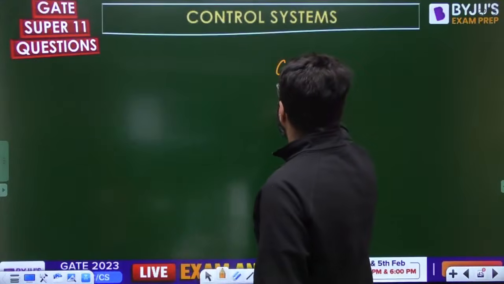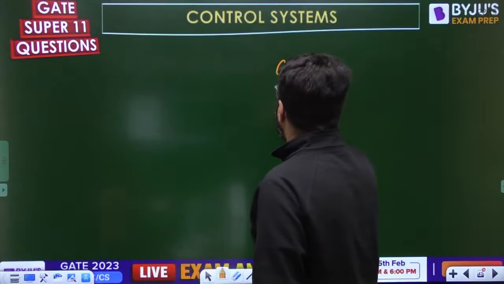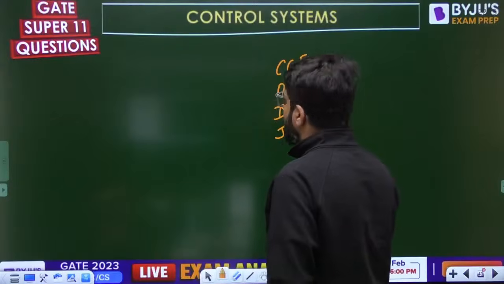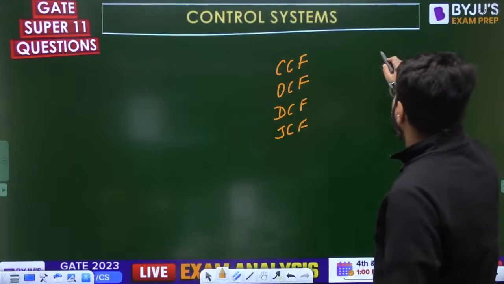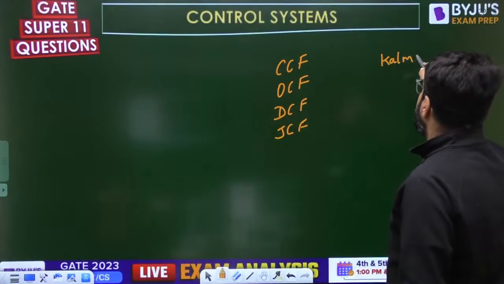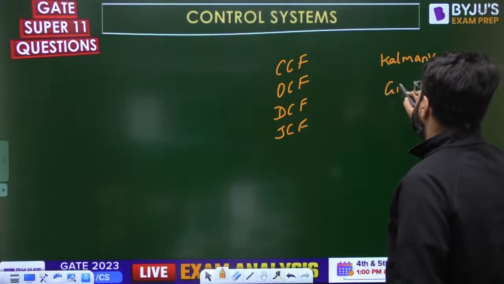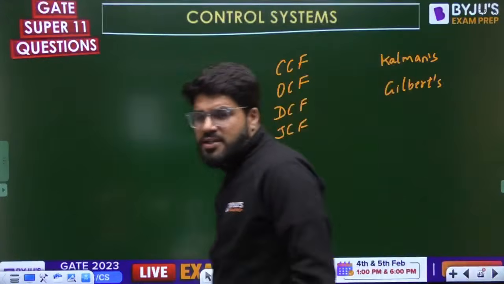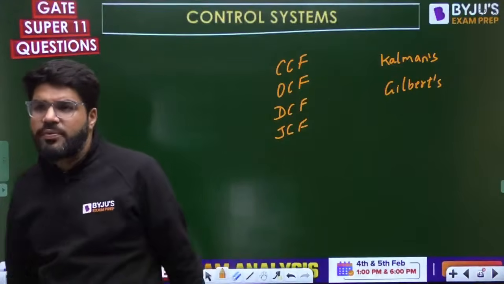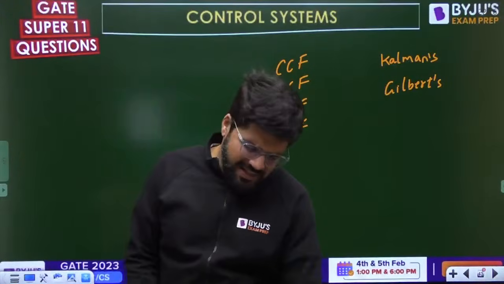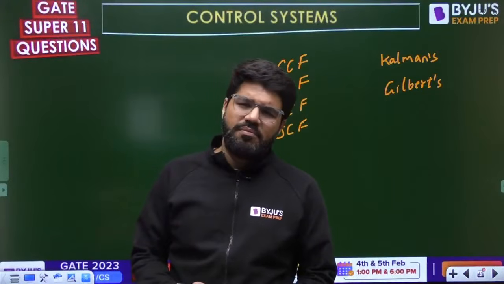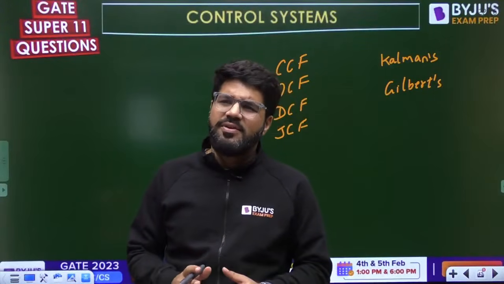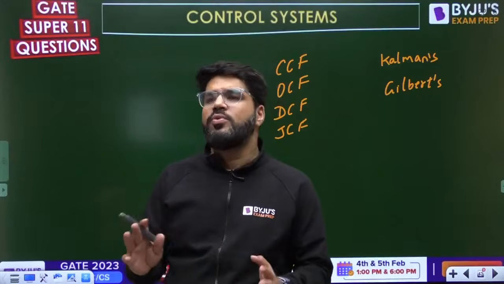So you must know this: the CCF model, the observable canonical form, the diagonal canonical form, the Jordan canonical form. Then you must know controllability, observability, what is Kalman's test, what is Gilbert's test, all these things. And as far as I remember, I have covered everything in that video. But guys, again, I'll suggest from my side, it is not necessary to learn anything new now.